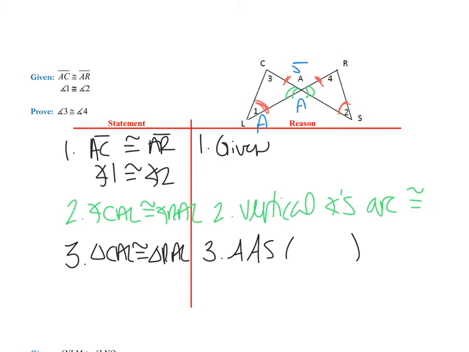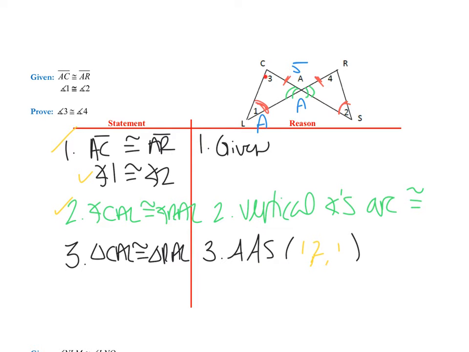And then if we mark our reasoning, we have 1, 2, and then back to 1. But I'm not done with the problem. The problem wanted me to prove 3 and 4 congruent. But now that I proved my triangles congruent, that means any corresponding parts are also congruent.